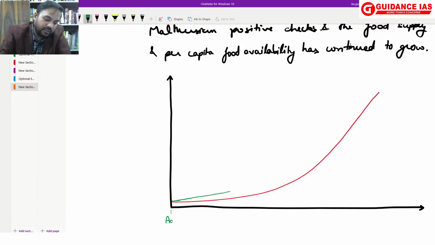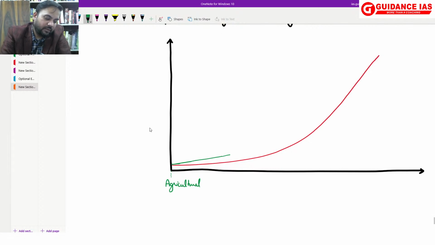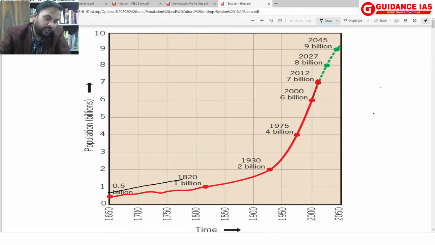There was an agricultural revolution. Then somewhere in between at this point, what happened? You'll make a curve like this where production jumped.